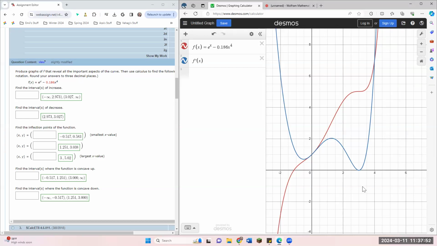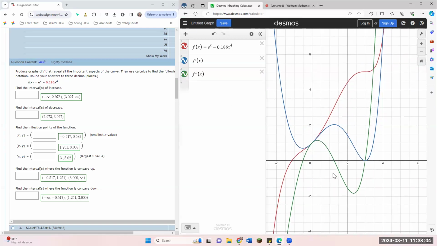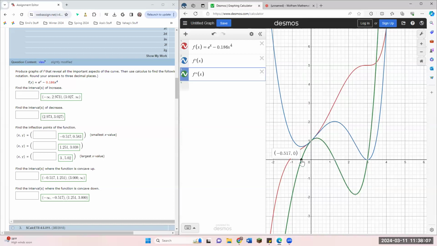So the next question is, what are the intervals of concavity? It's best to graph the second derivative. This is a little more clear. The second derivative is positive between these two points, and then negative between these two points.